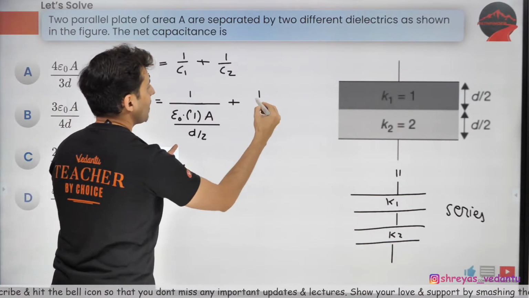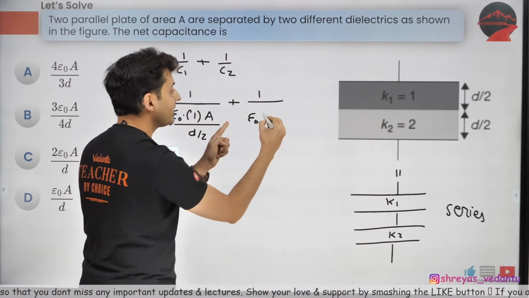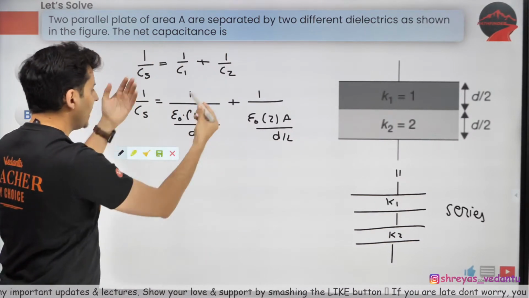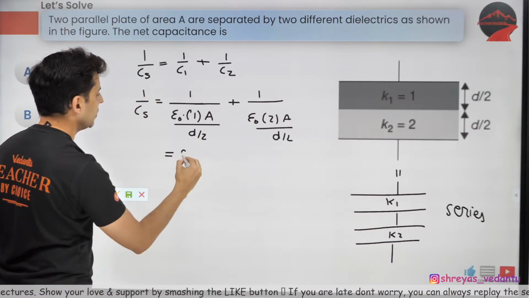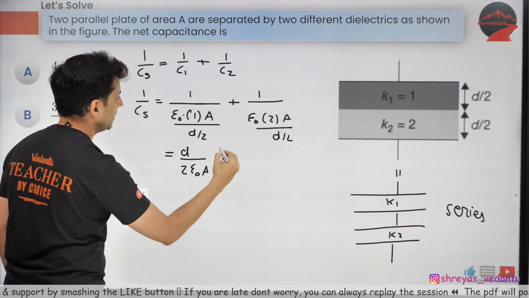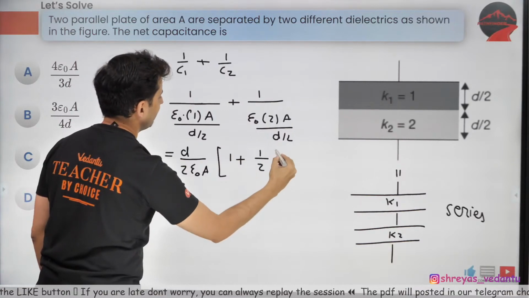Second, 1 by epsilon naught. K is 2, so it will increase 2 times into A divided by D by 2. I think D by 2 will go on the top, and epsilon naught A will also be common. So from the first term I have 1 common, and from the second term I have 1 by 2 common.